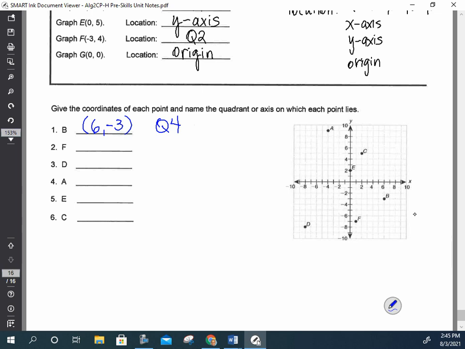Point F, you do the exact same thing. The x-axis is at 1, the y-axis is at -7. So (1, -7), and it's also located in quadrant number 4.